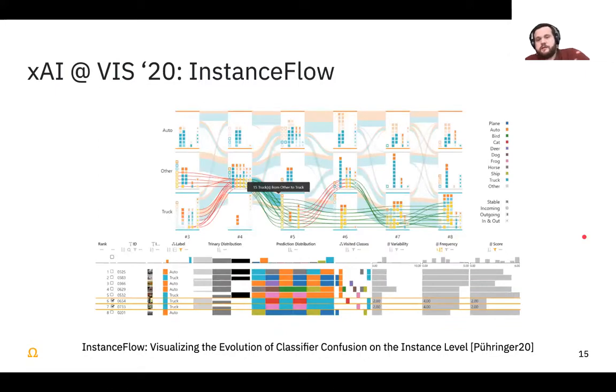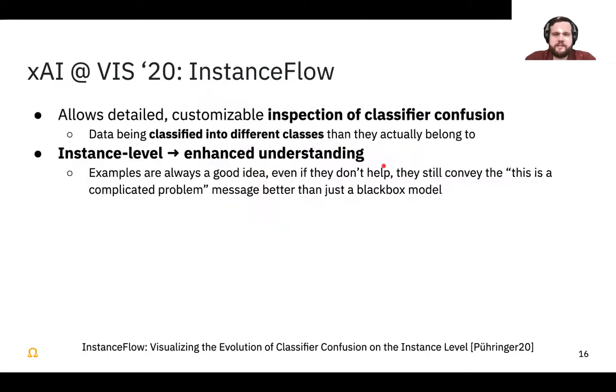The next nice system, I think we have seen at Vis 20, was InstanceFlow: Visualizing the Evolution of Classifier Confusion on the Instance Level. Here what happens is that basically it allows detailed and customizable inspection of classifier confusion.